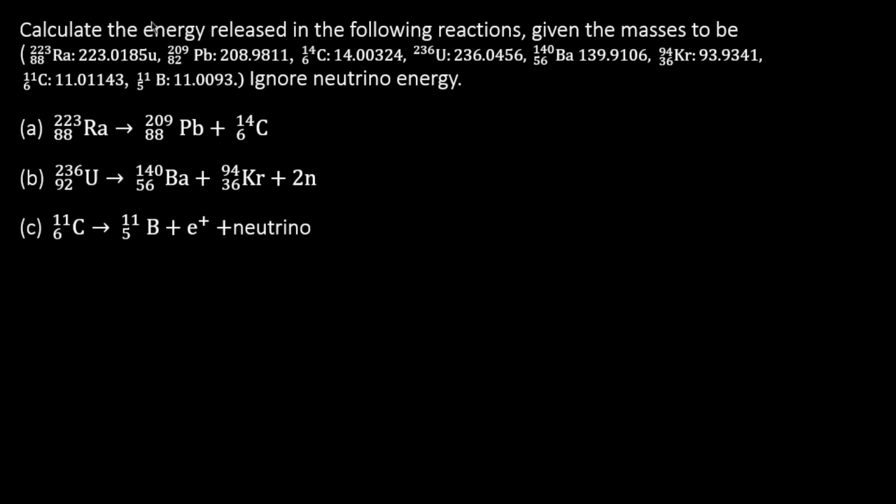Here masses of all the elements in these reactions are given. We know the energy released is given by the formula E equal to delta M into C square, while delta M is our mass defect. So let's calculate one by one.